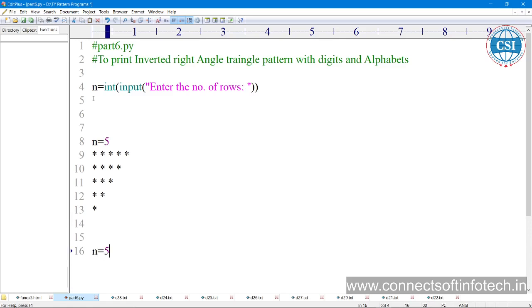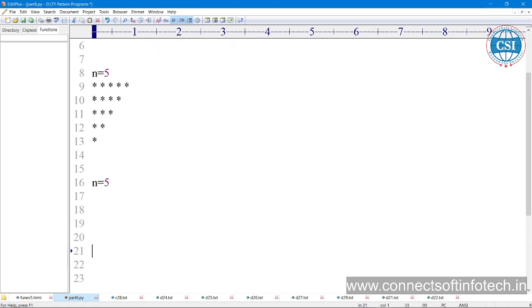Suppose you are entering n is equal to 5. Then I want 5 asterisks in the first row. So if you enter 5, I want 5 times asterisk in the first row. How can it be possible?